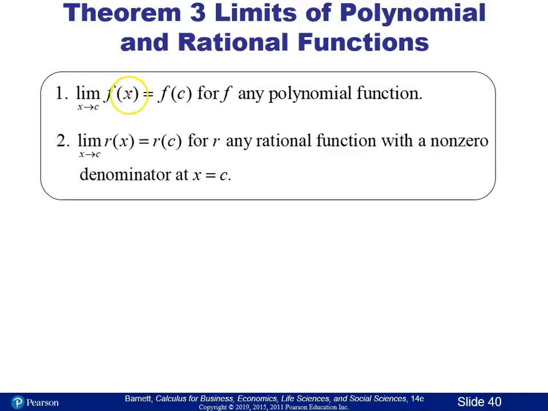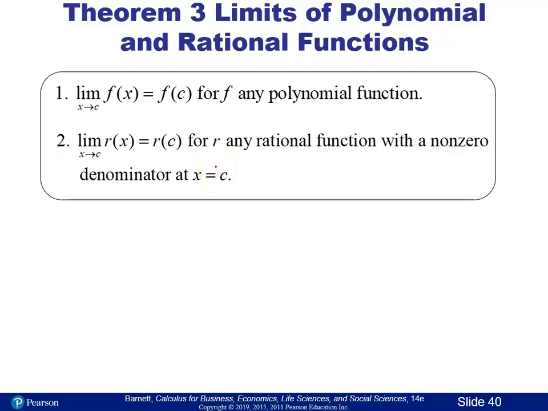Okay, if we have a limit of a function and the function is a polynomial, that's another one you could do with direct substitution. Same thing with a rational function, so long as you're not evaluating it where the denominator is equal to 0.